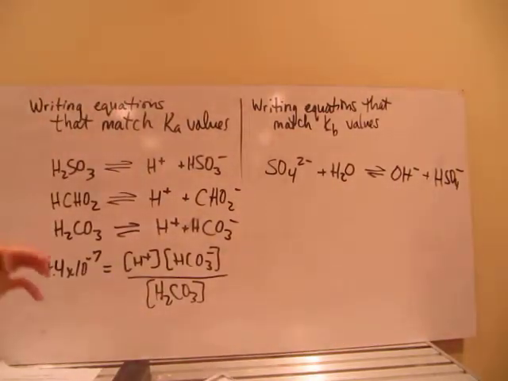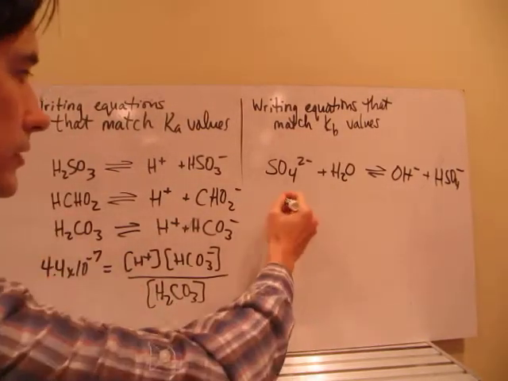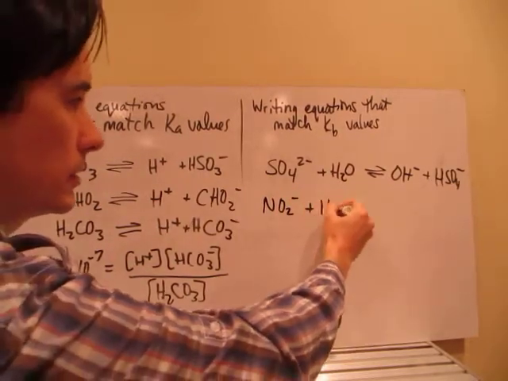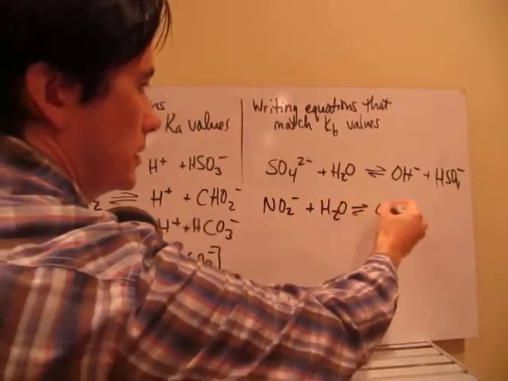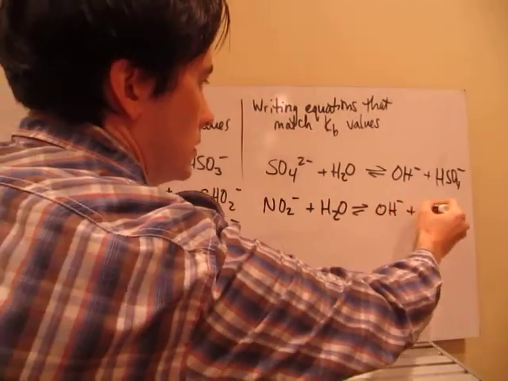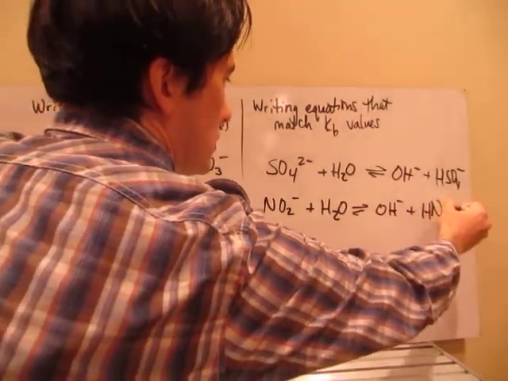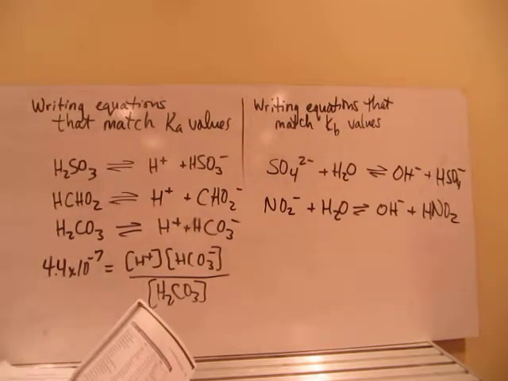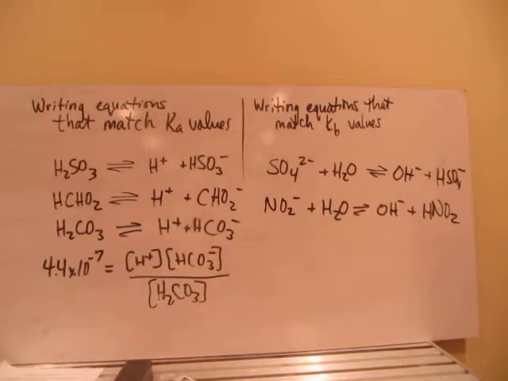So you get OH. You get that. So again, you look down the list, you find some other one, nitrite. You got NO2. You put it in water. You get OH. Right, just automatically, you just go down whatever list you want, HPO4.